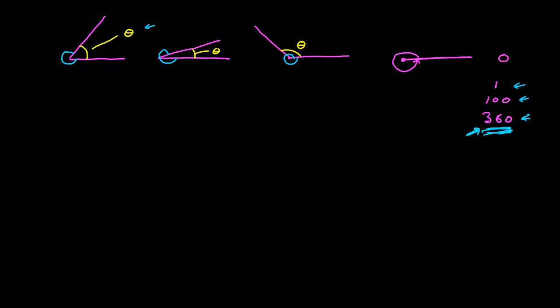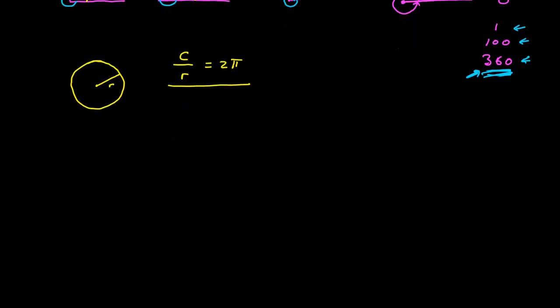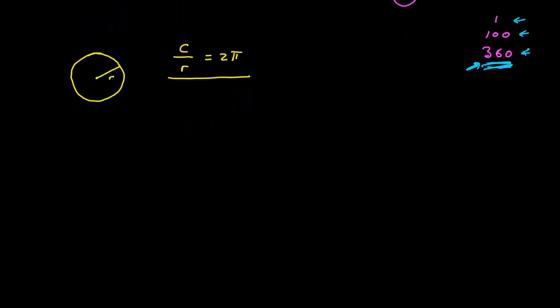The concept of radians starts with the fundamental characteristic of a circle, which is that for a complete circle, the ratio of the circumference to the radius is the number 2 pi. We're going to use that to come up with a more meaningful measure of angle. For example, I have two circles.